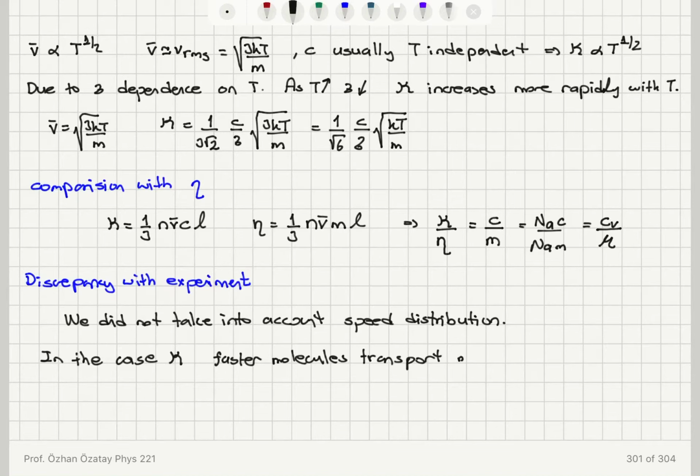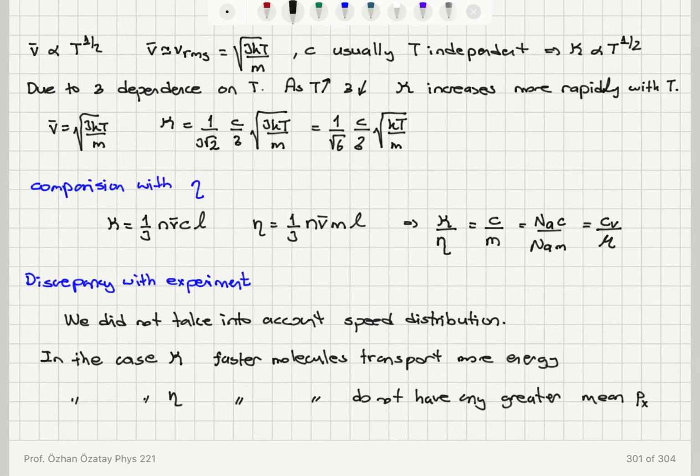In the case of eta, the viscosity, faster molecules do not have any greater mean x component of the linear momentum on average.